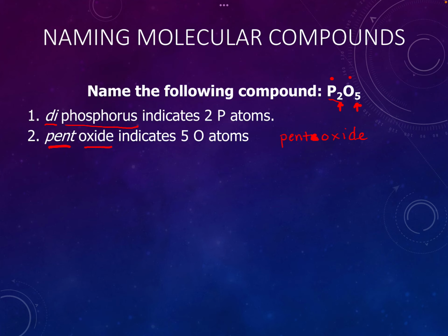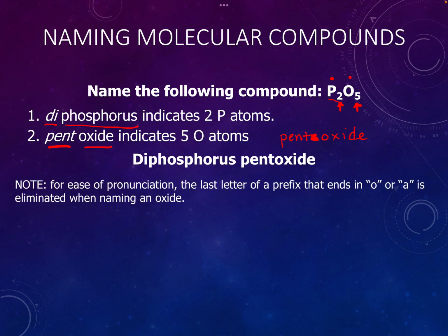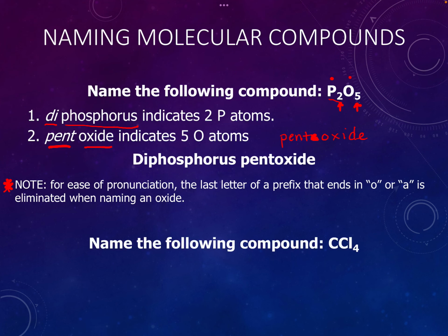In higher levels of chemistry, you may get dinged if you leave that A in there, so it's important to build good habits. But right now I want you to focus on getting the right prefix. So this is called diphosphorus, right? P2 is diphosphorus pentoxide to represent the 5 oxygens. And here's my little note about the A's and the O's.